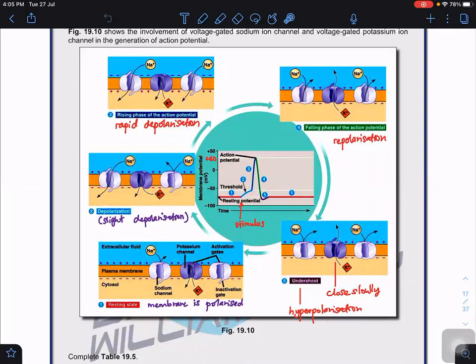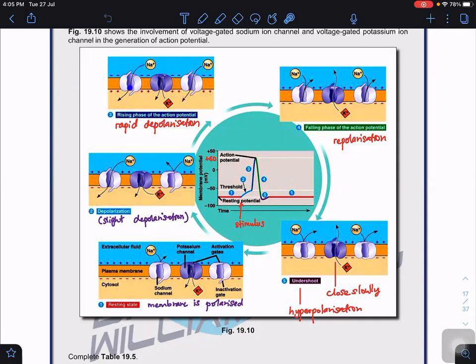Once it reaches the threshold potential at negative 50, all voltage gated sodium ion channels open. So the phase is characterized by the massive, rapid influx of sodium ions from the tissue fluids into the neurons.